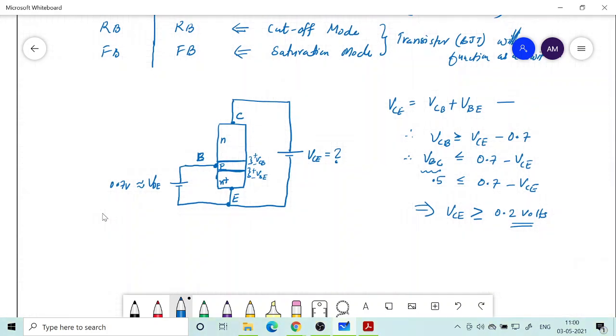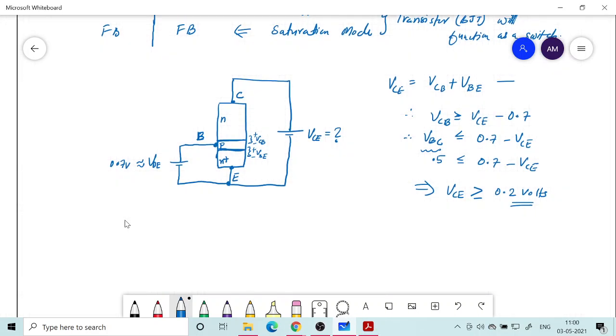It should never be greater than the cut-in voltage or even near to the cut-in voltage. So for safety we are taking VBC to be 0.5, lesser than 0.5 volt, because at 0.5 forward bias voltage you will not get any conduction, so it is effectively like an open circuit reverse bias. Let me make it very clear.